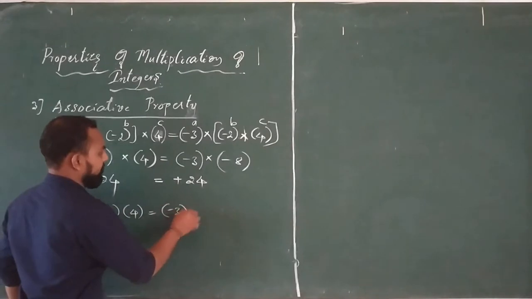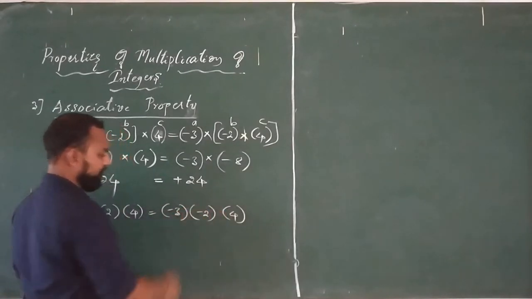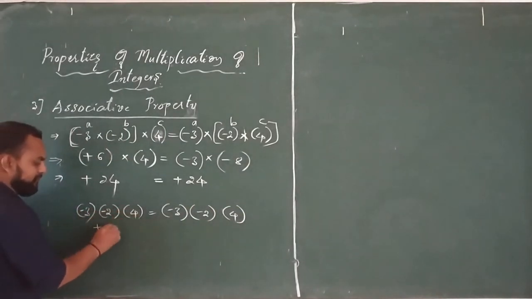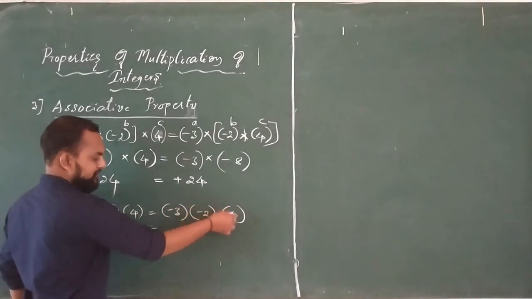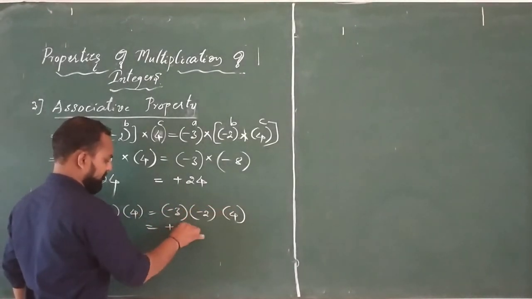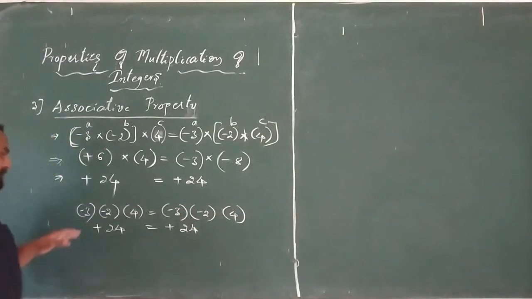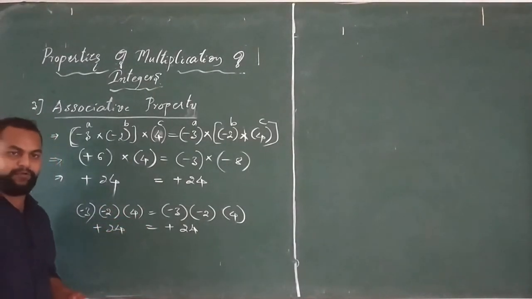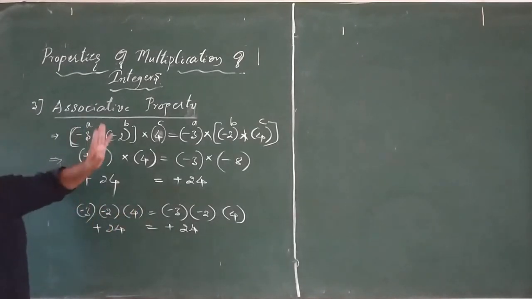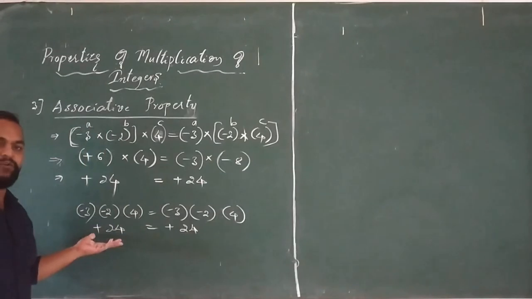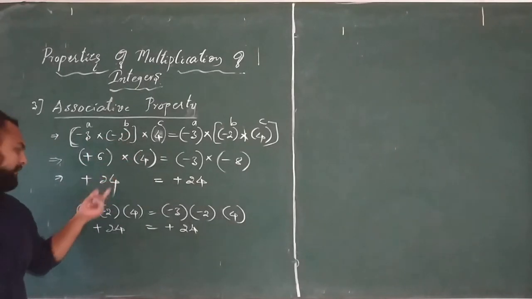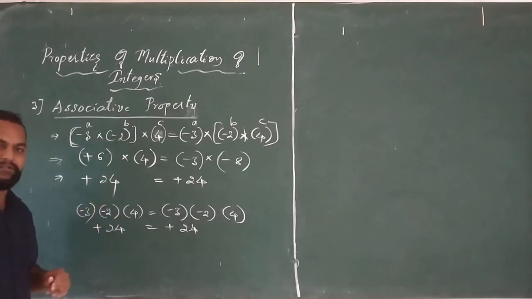Minus into minus plus, 3 twos are 6, 6 4s are 24. The product of three integers does not depend upon the grouping of integers. Here we do not need to group within multiplication, because whichever way we do it, the answer is the same.